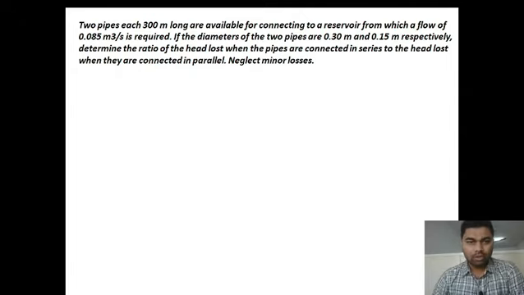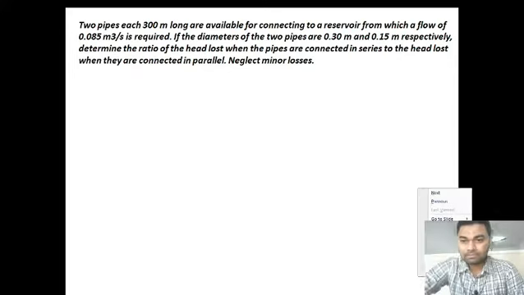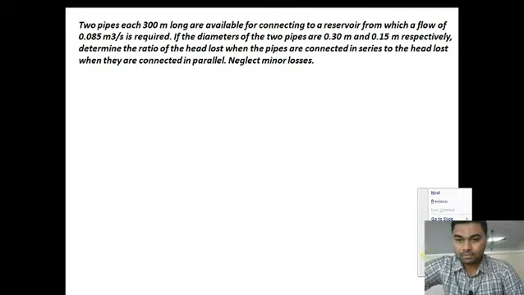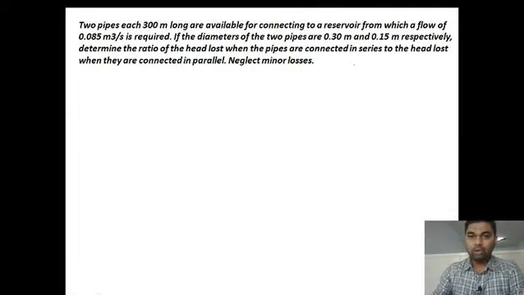Okay, so two pipes are given, the diameters of the pipes are given and their lengths are also given. Discharge is also given as 0.085 meter cube per second. What we need to find out here is the head loss.